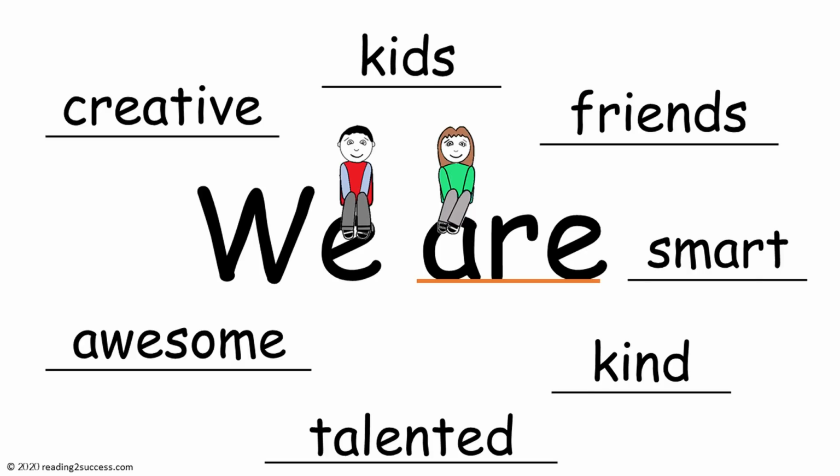So we think of positive things that we are. So we are smart, we are kind, we are talented, we are awesome, we are creative, we are kids, and our last one was we are friends.